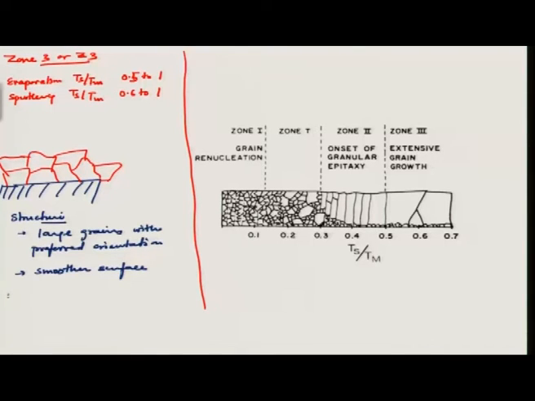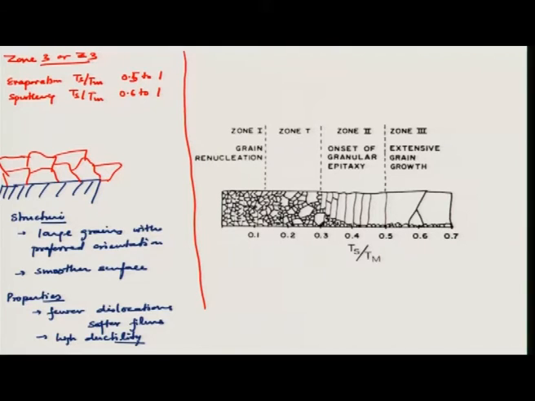The properties of these are fewer dislocations, and so these are softer films with high ductility. Ductility is the term which we often use for metals. So, this is the grain structure of zone 3.